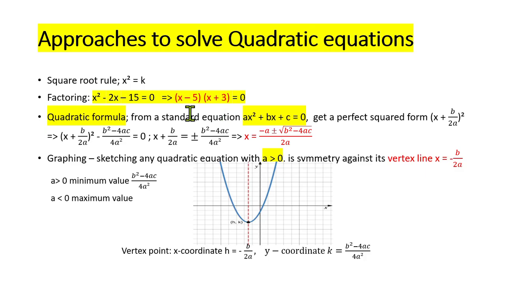Then by using the multiplication property of zero, x minus 5 equals 0 or x plus 3 equals 0. Then we get the solution. That's the factoring method.